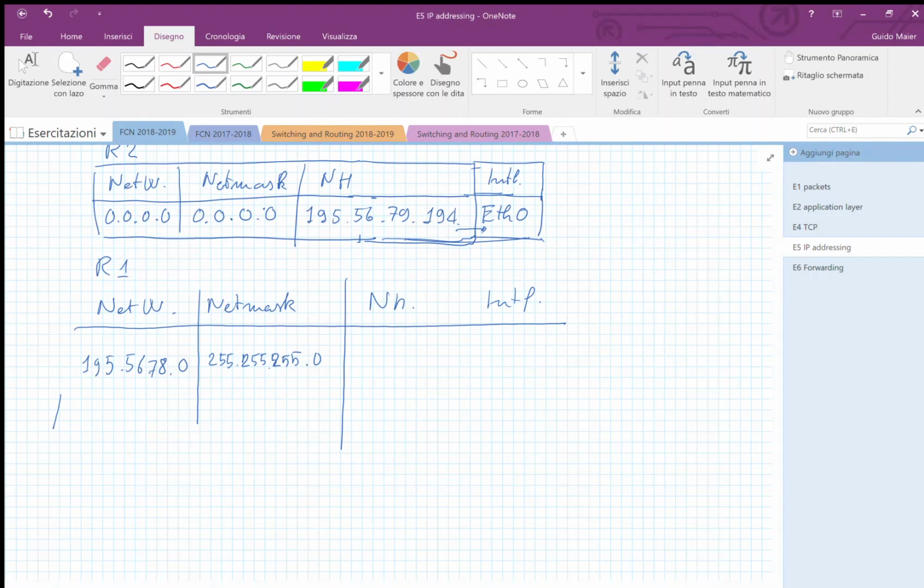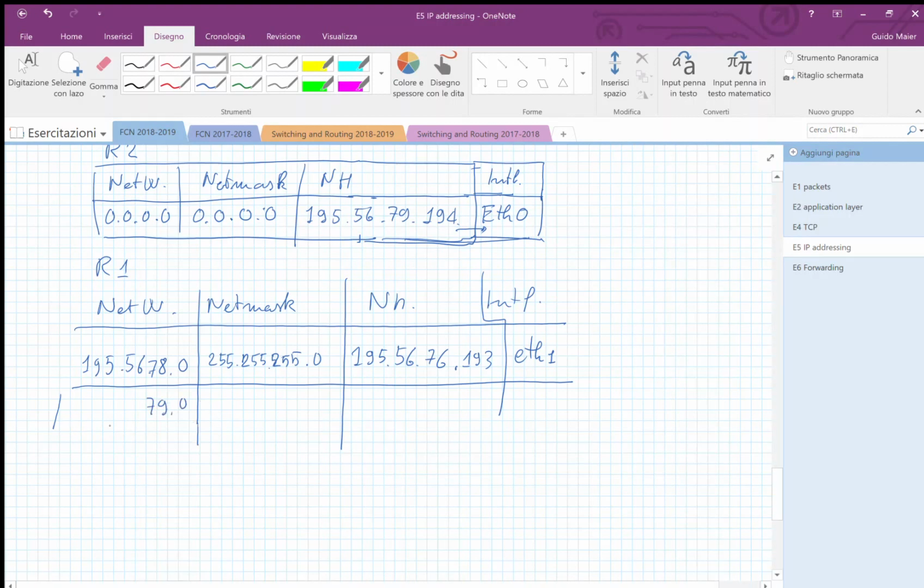Next hop is, okay. Then there is 79.0, and this will be 255.255.255, and so on, 192.